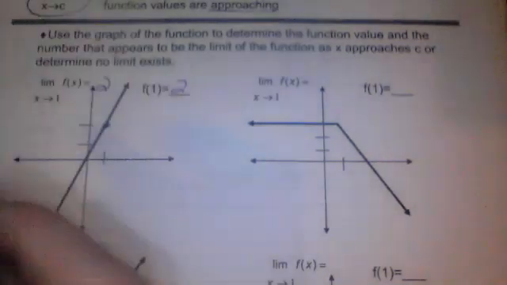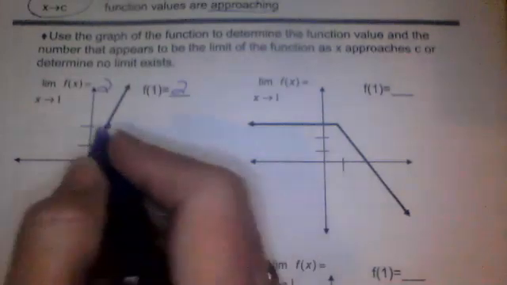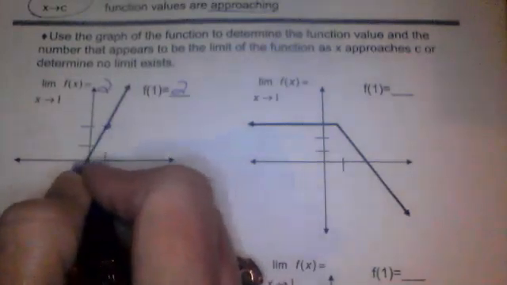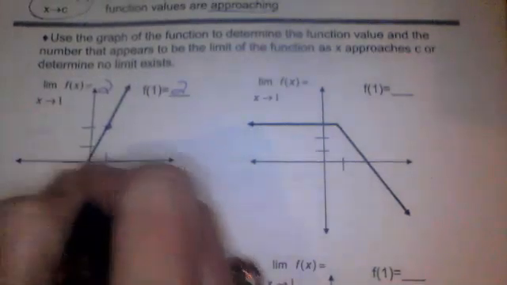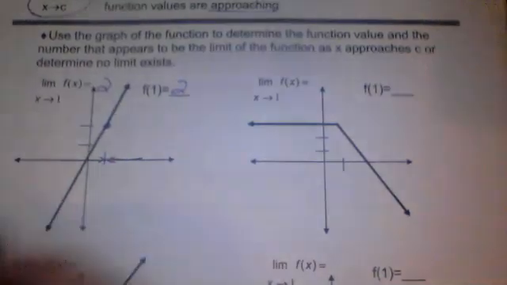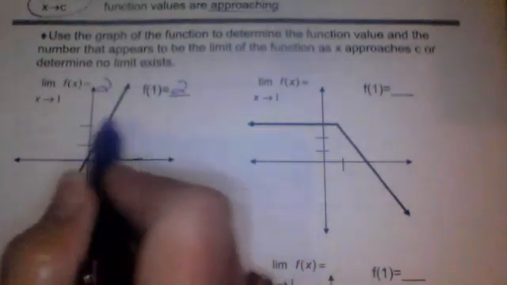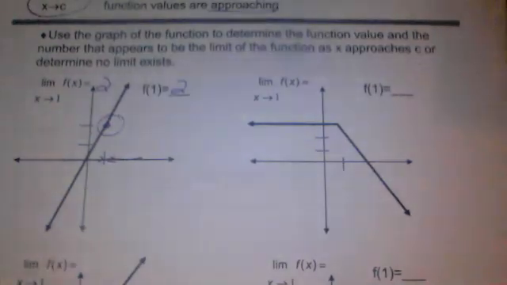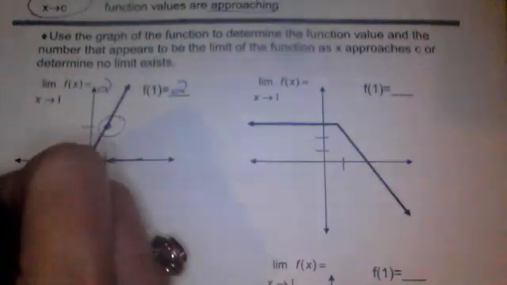Okay, so one other thing I want to make clear is that the limit coming from the left and the limit coming in from the right, they have to be approaching the same value in order for the limit to exist. So let's write that down.